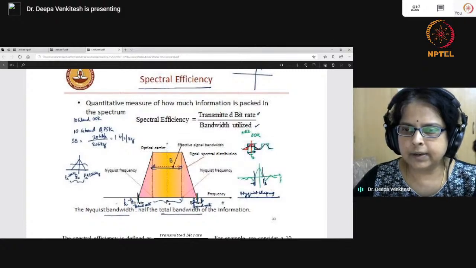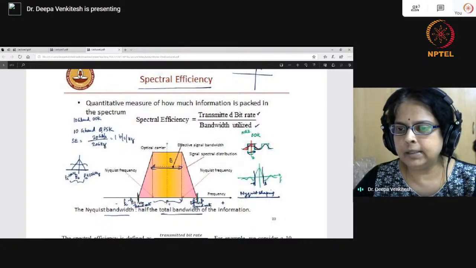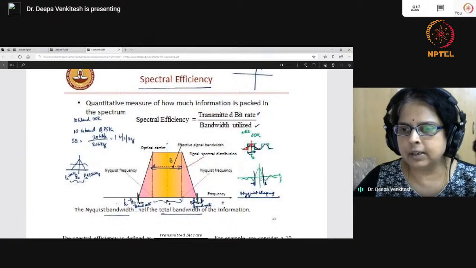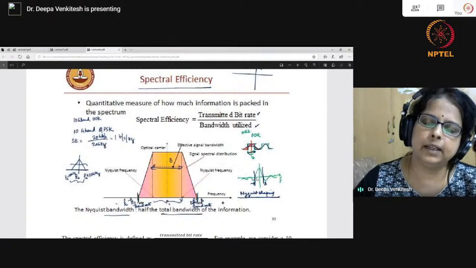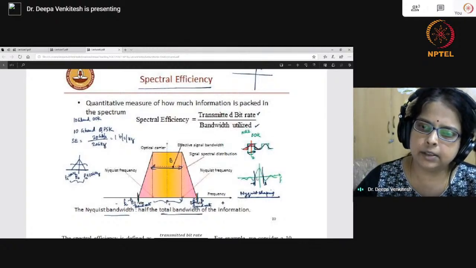It extends from minus B to plus B, which is on either side of the carrier frequency. Okay. Now, which means that I'm actually occupying 20 gigahertz of frequency spectrum when I'm trying to do a 10 gigabits per second non-return to zero modulation.